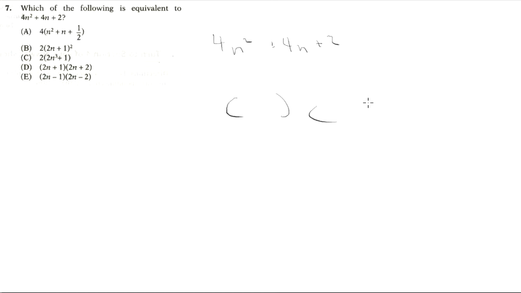So, of course, you need an n and an n. There are several choices here that have 2n. Okay, so if you have 2n here, you'll need another 2n to get this 4n squared. And then we've got some 2's and 1's, so 2 and 1.